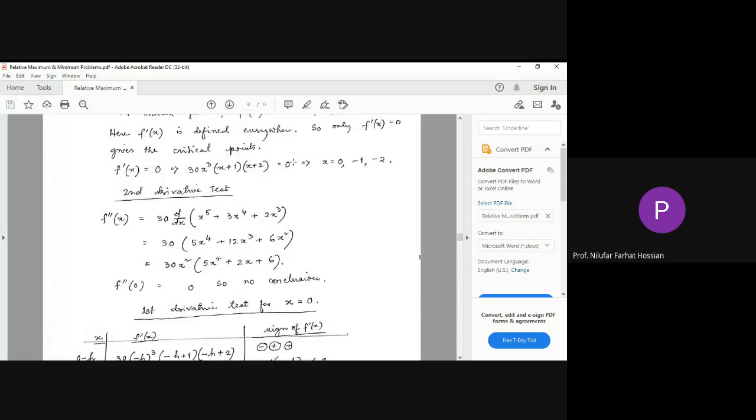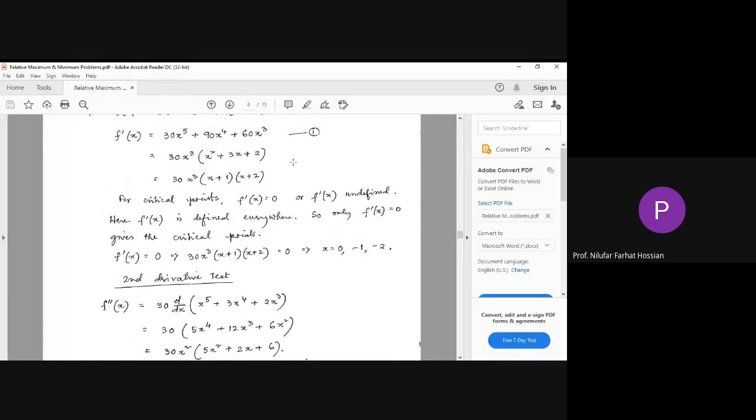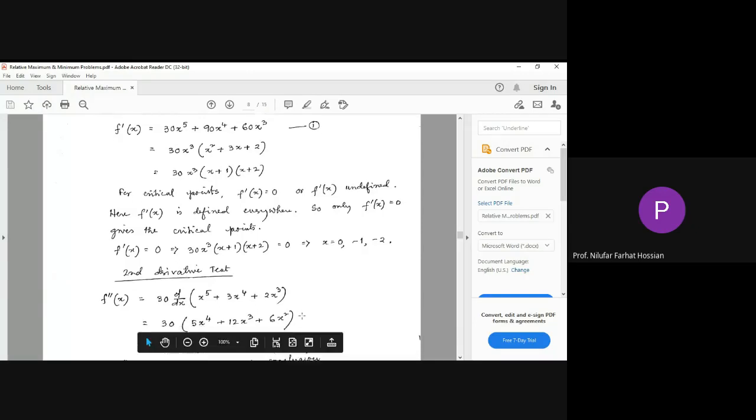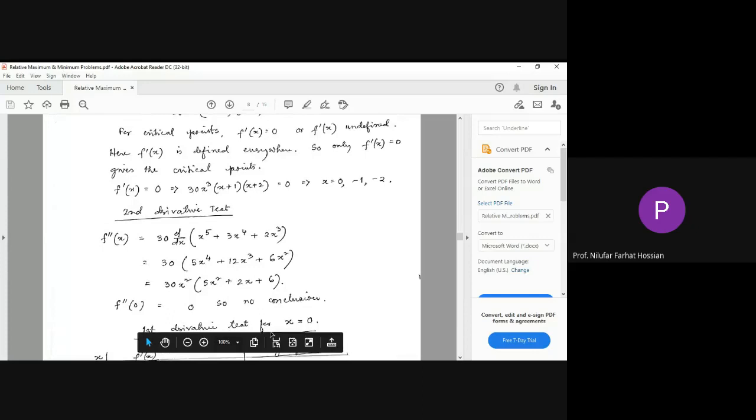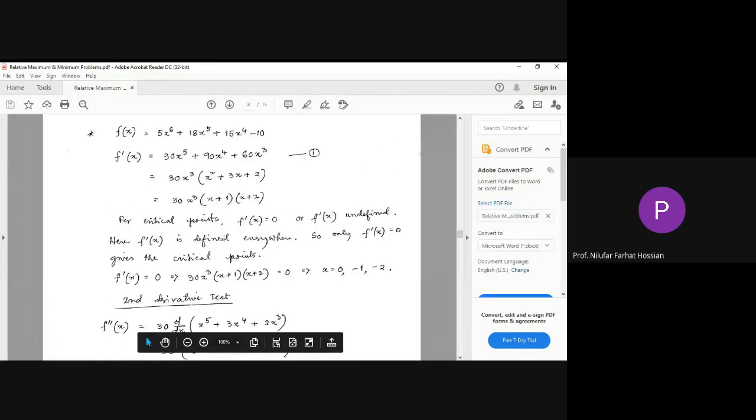Now to use the second derivative test, let us find the second order derivative. It will be 5 into 30 x to the power 4, that means 150 x to the power 4, and then 360 x cube plus 180 x square.